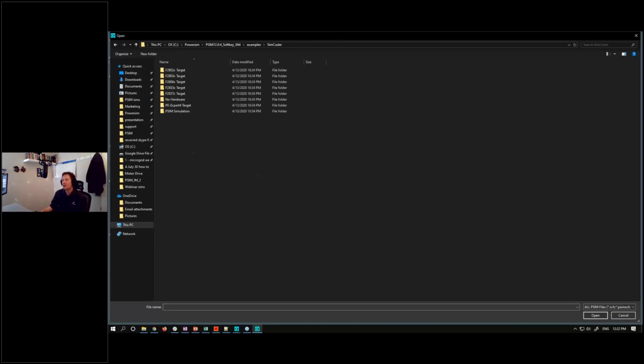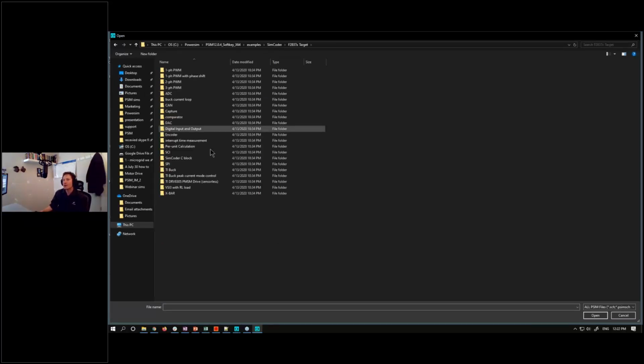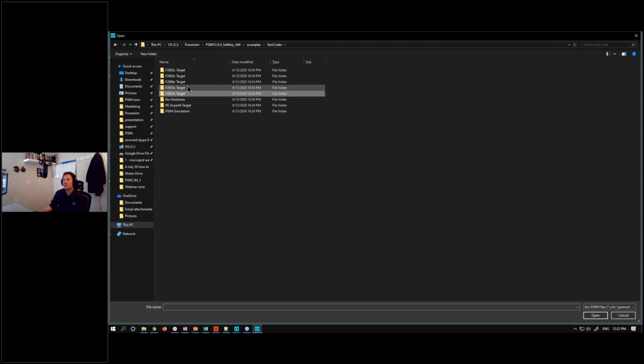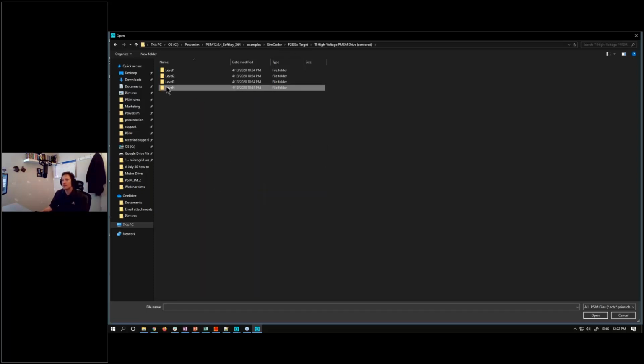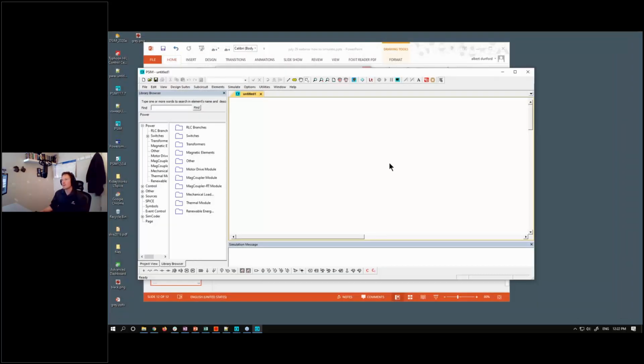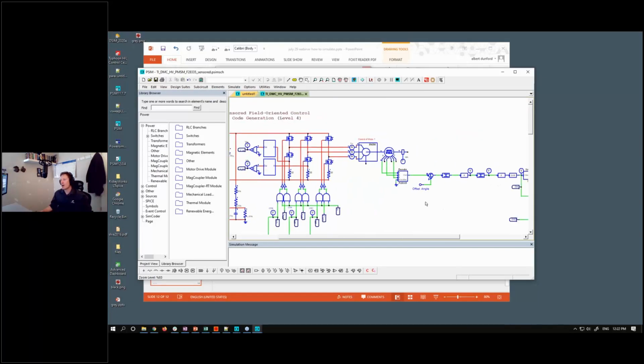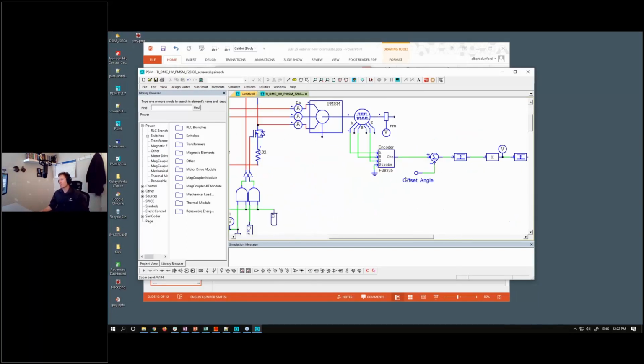If you want to look at a sensored machine motor drive, just come into the examples folder, the SimCoder folder, and any of these sensored examples. So let's pull up this PMSM. This is going to show you how the encoder inputs are brought in.